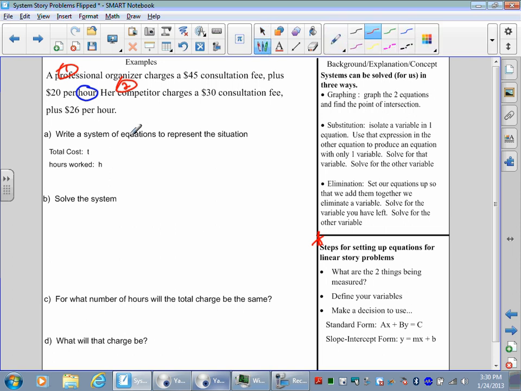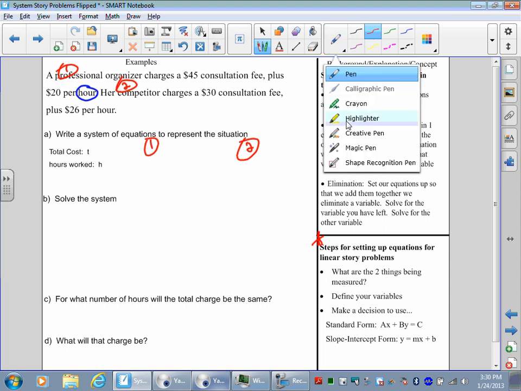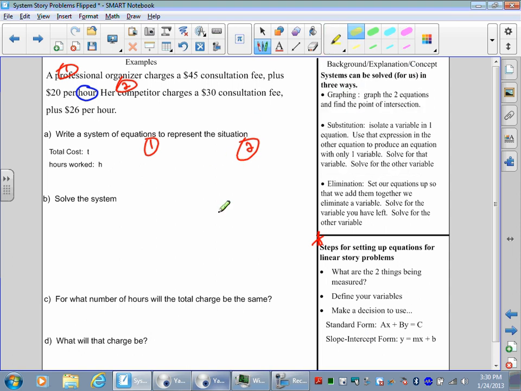Again, one of them needs to be for the professional organizer, and the second equation needs to be for her competitor. Now, the second thing we need to decide here is really, are we using standard form or are we using slope-intercept form? And to me, the key thing to look at is this. I really look for a B. Is there a y-intercept? Is there a starting point? Is there, when she hasn't worked any amount of time, am I paying her some money?